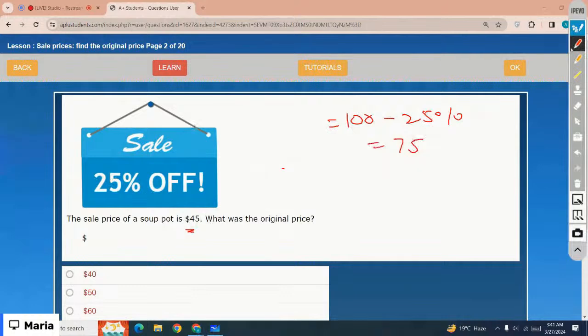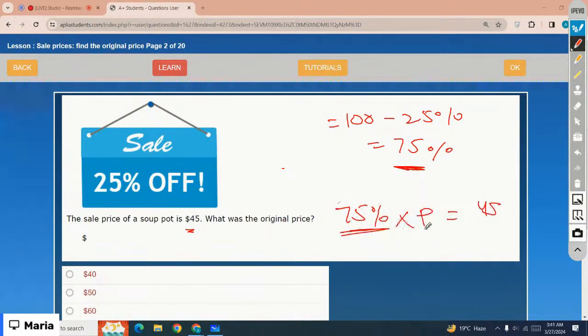Think logically. There is nothing new here. Since it is on 25% off, that means you paid the rest, the 75% of the amount. So you paid 75% of the original price, and you paid $45.